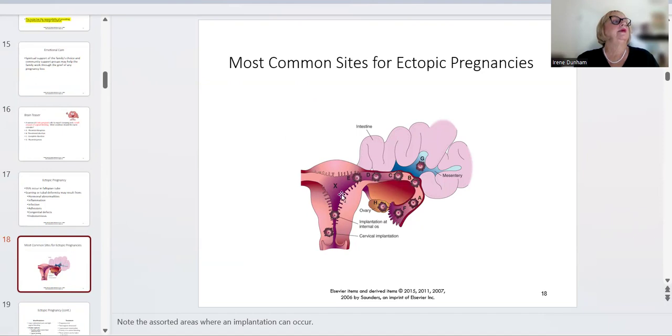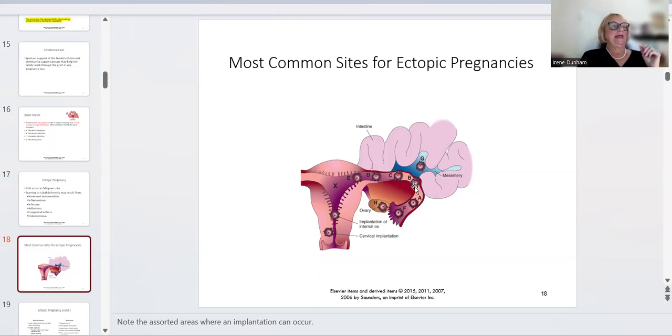This is just different sites of ectopics, but most of them, let me tell you this again: 95% occur in the tube. Now, this tube is not big. It looks big on this drawing, but it's not. So for a little zygote to get stuck, it's not that hard. It won't take much, and so it gets stuck.